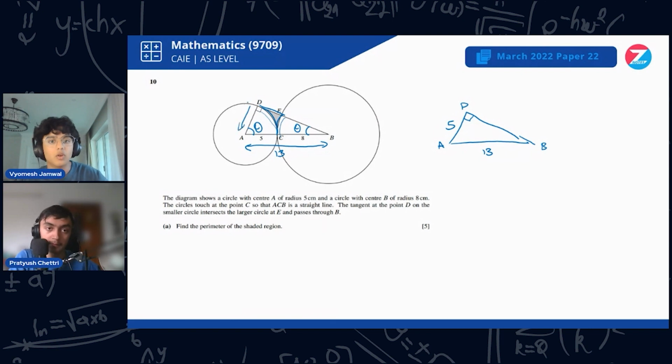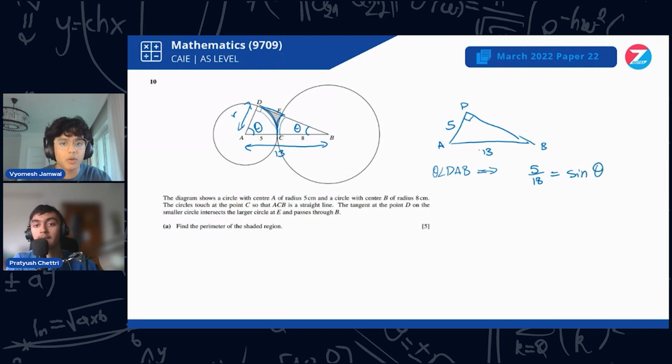So the two angles we need to find are DAB and DBA. So for DAB, with our trigonometric ratios, it's going to be 5 upon 13 equals sine theta. So theta would be equal to sine inverse of 5 upon 13.